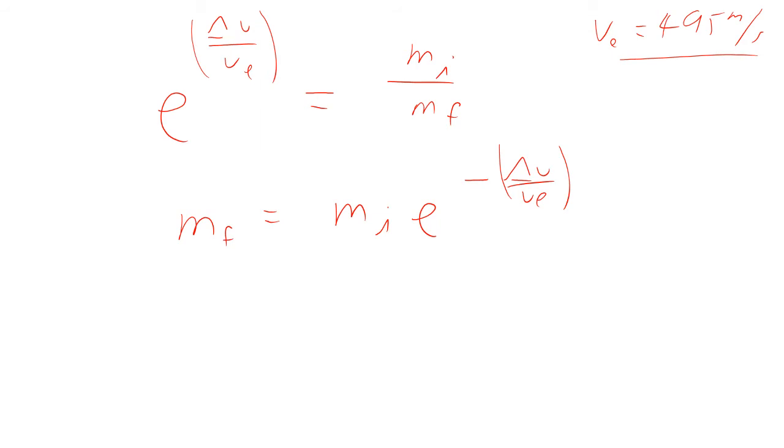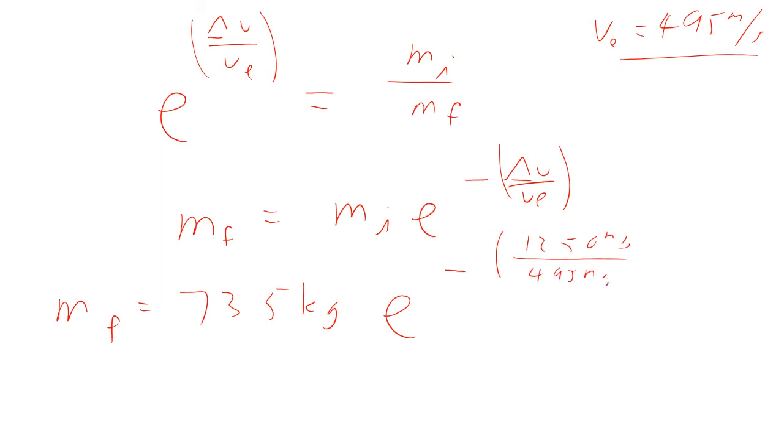So you plug in the numbers here, and M final is going to be 735 kilograms, e to the minus 1250 meters per second divided by 495 meters per second, and M final comes out to be 59 kilograms.